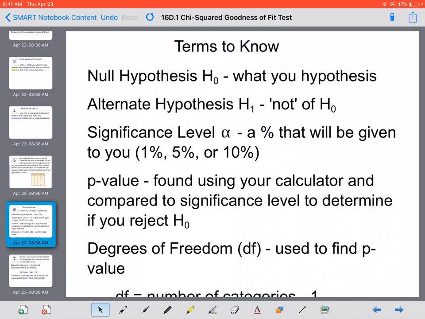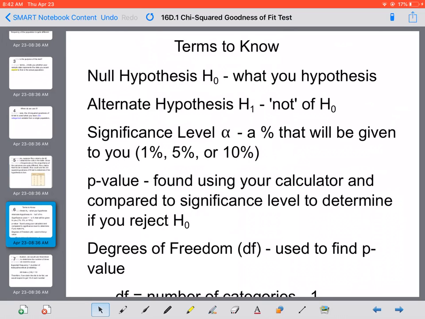So some terms that we need to know in order to figure this out. Your null hypothesis is denoted by H sub 0, and that's what you're going to hypothesize. The alternate hypothesis is denoted by H sub 1, and it's basically just the not of your hypothesis. So if I hypothesize that my method, for example, is effective, then my alternate hypothesis would be that it is not effective.